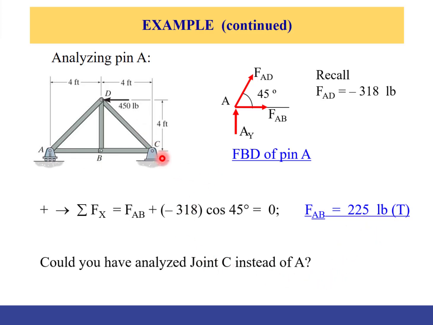And you can do the same thing to calculate FCB for joint C. But remember that this has two reaction forces, up and to the right, and you will figure out that you only need to apply summation of forces in X at C to calculate the unknown.